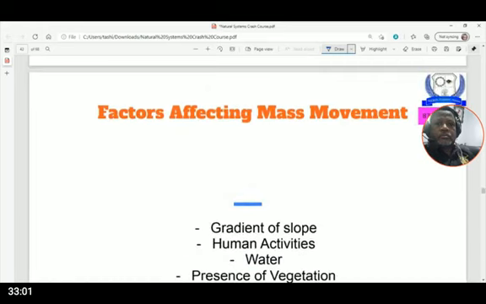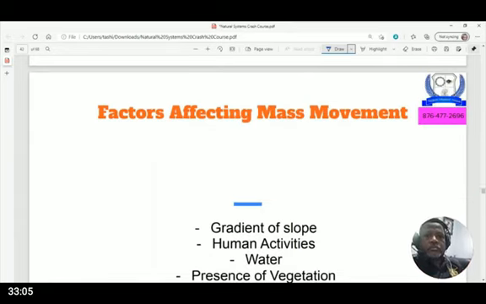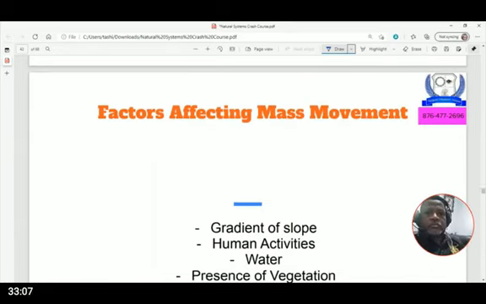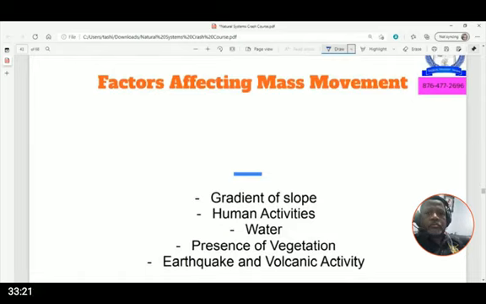We have different factors that affect mass movement. So when we say factors affecting, we are talking about the things that help it to occur, the causes of it, things that help it to actually take place. So factors that affect the mass movement is the gradient of the slope.